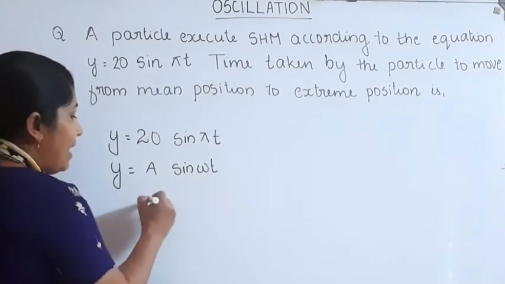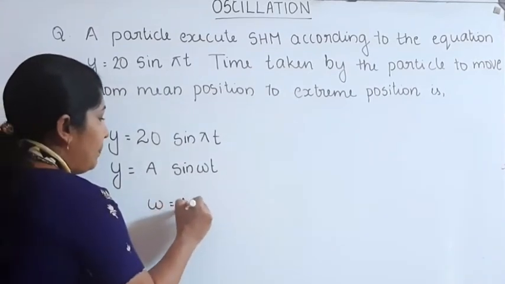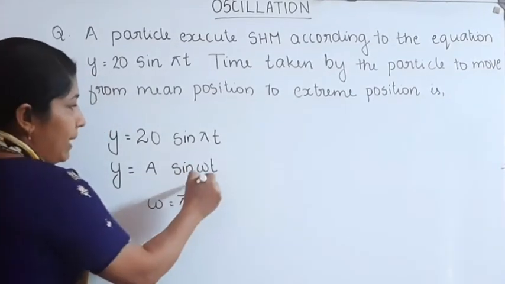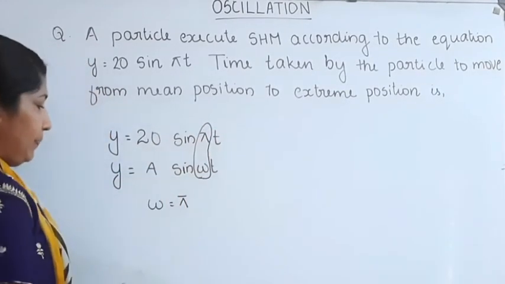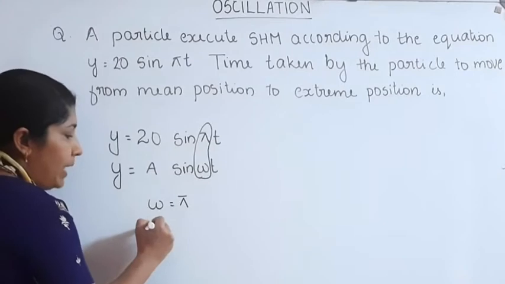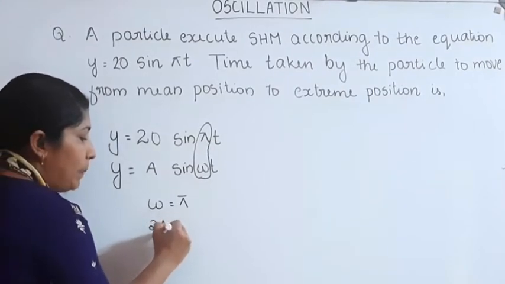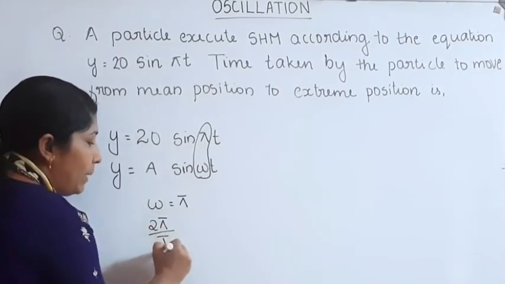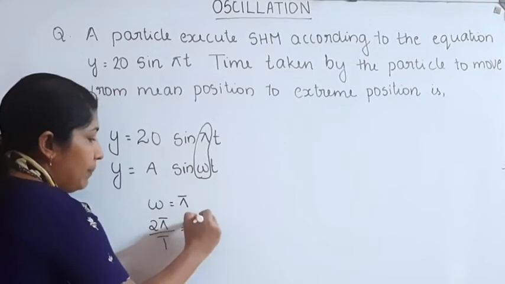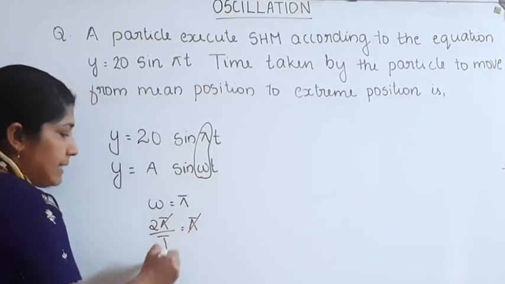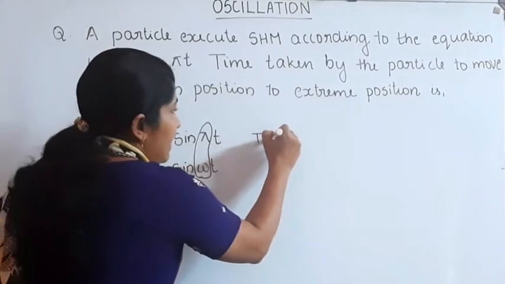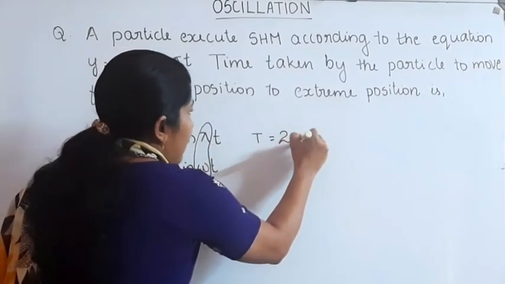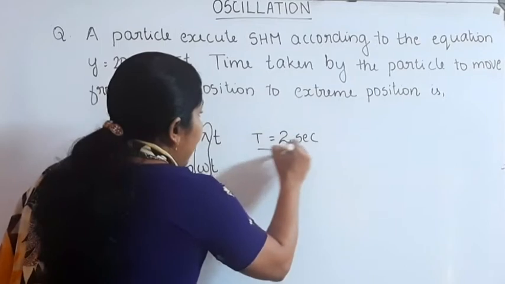Then omega is equal to 2 pi divided by T. 2 pi by T is equal to pi. Then pi gets cancelled. From here we can write T is equal to 2 seconds. 2 seconds is the time period.